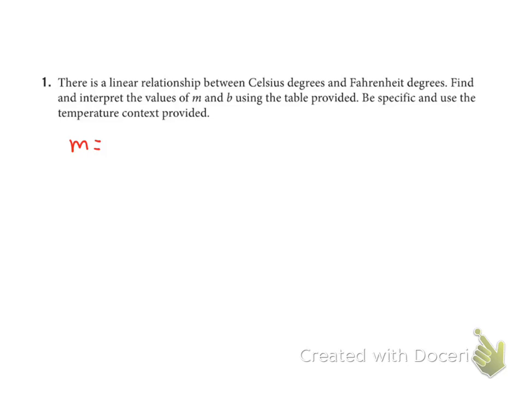If we think about the slope formula, the slope is the change in y's over the change in x's. So look at the y values. How are they changing? How are the y values changing in the table?